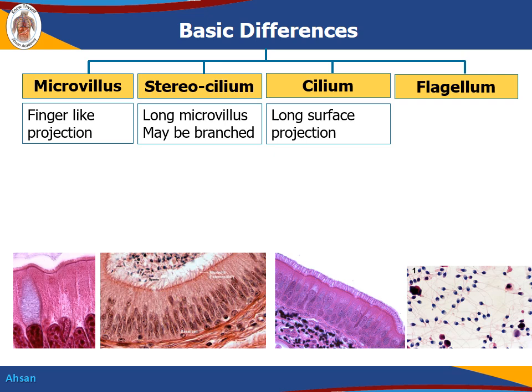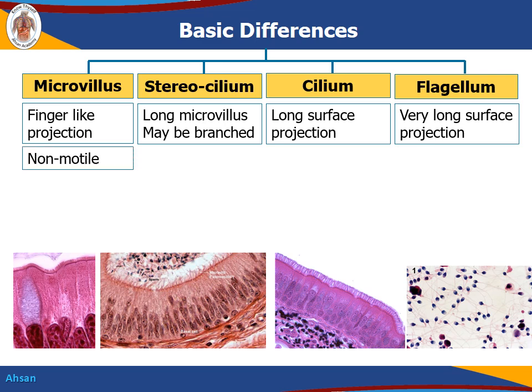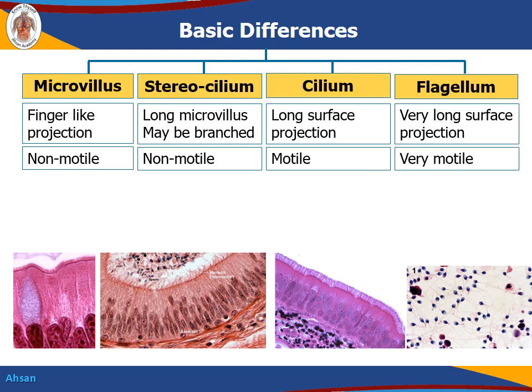Cilia are very long. They are a longer surface projection than the microvilli. Flagellum is very long. It is the longest type of all. Microvillus is non-motile. Stereocilium is also non-motile. The cilium and flagellum are motile, but flagellum is very motile.